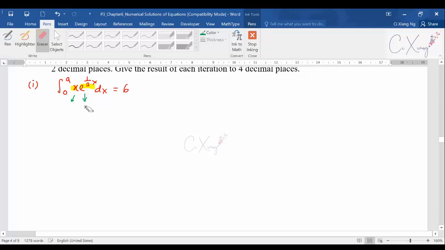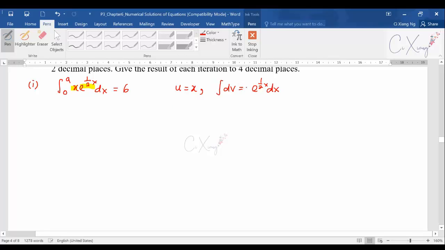Since I already decided my u and dv, I will start. I will let u equal x, and I will let dv equal e^(1/2 x) dx. For this part, I want to do the differentiation, and for this part, I want to do integration.